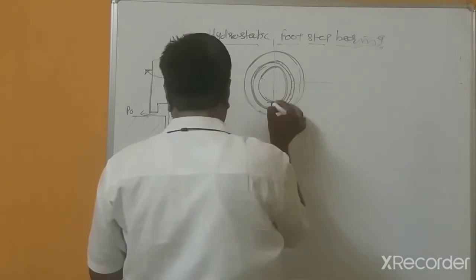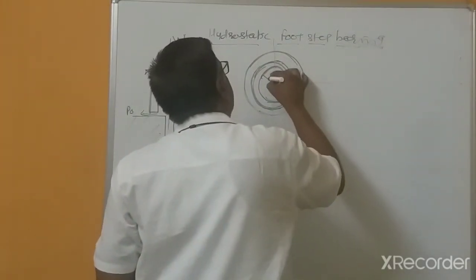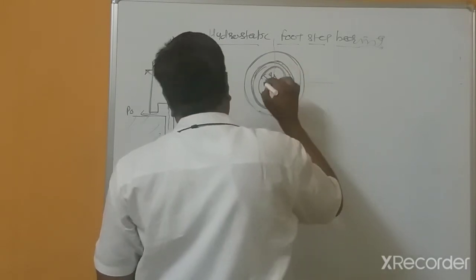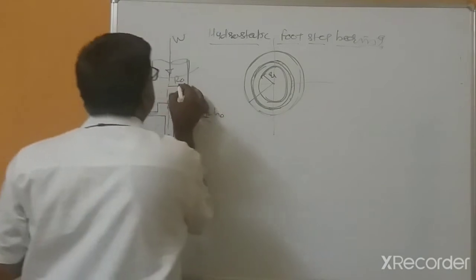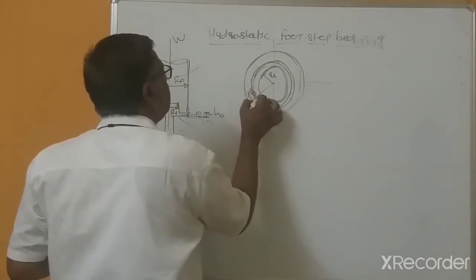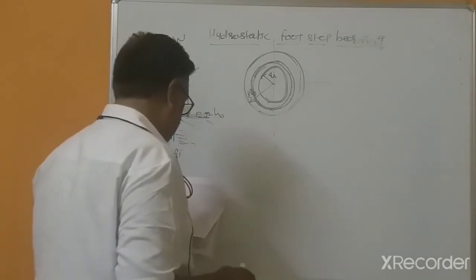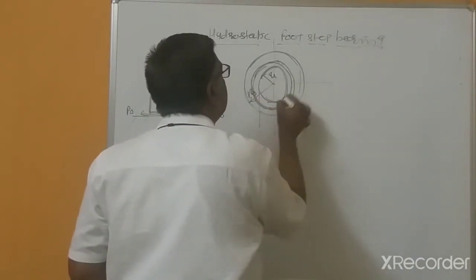So these are the races. This is RI, and this is the outer race, and this is the lubricating oil present.